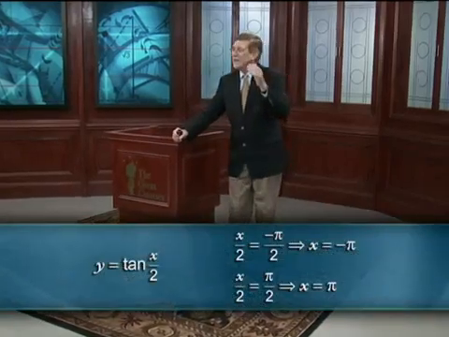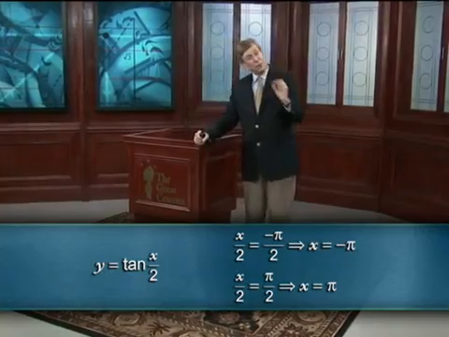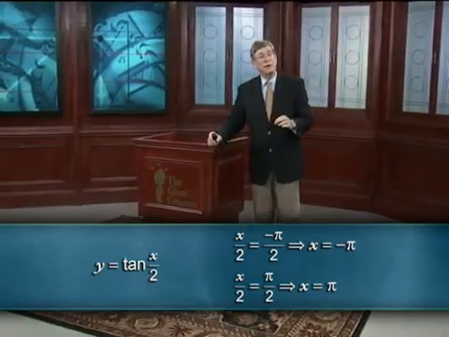In a similar fashion, when you have x over 2 equal to pi over 2, you get another vertical asymptote, and that yields x equals pi.